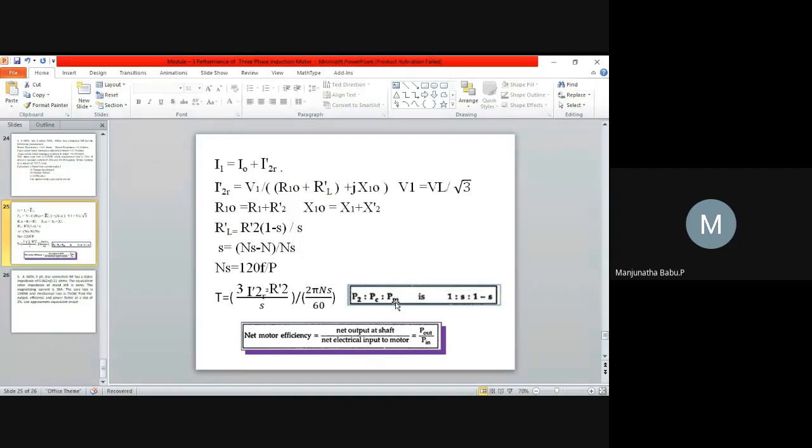Because 1 minus 0.03 is 0.97, into 36.23, so 35.14 kilowatts.